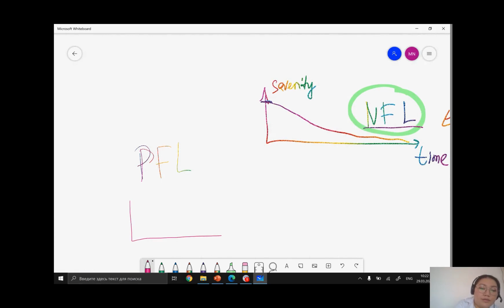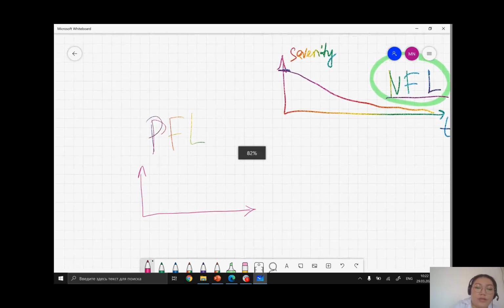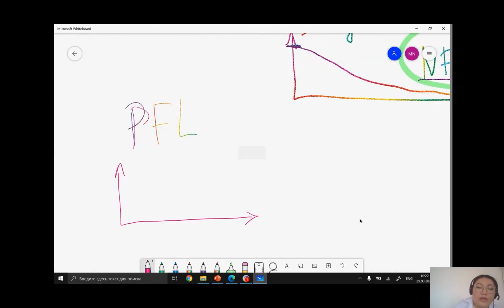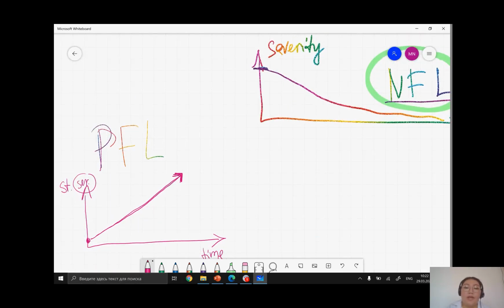If we consider the time and the severity of the consequences, the stimulus will be right here, and this is the severity of the symptoms and consequences. This is the time, the horizontal axis, and then it will show the self-amplification cycle.